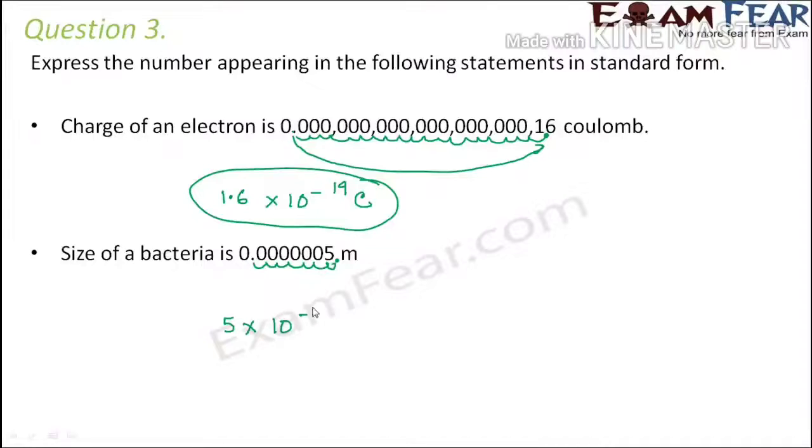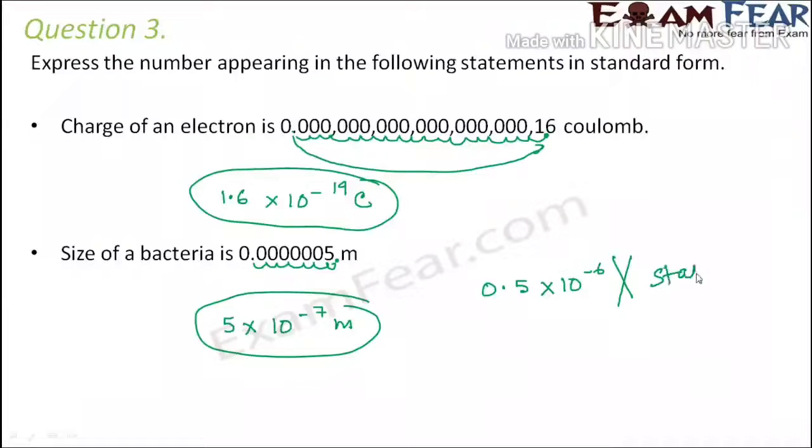So this would be 5 into 10 to the power minus 7 meters. Now please remember that if you write it like this, 0.5 into 10 to the power minus 6, even though this value is equal to this, this is not the standard form. Why? That's because 0.5 doesn't lie between 1 and 10.